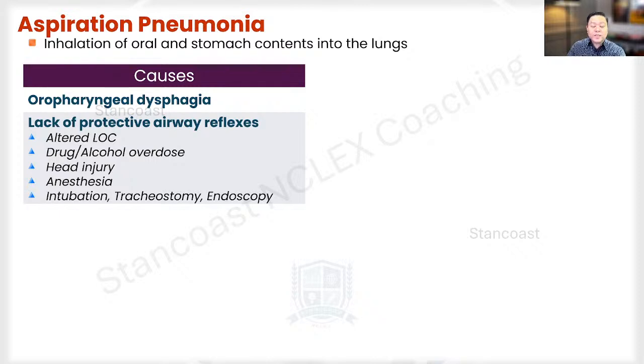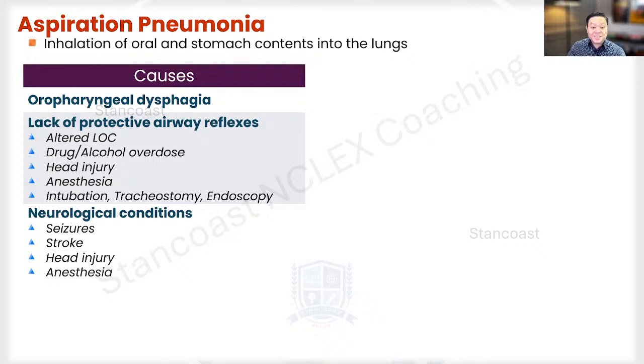Now, in some cases wherein there is a neurological condition, the following can also lead to aspiration pneumonia, such as seizures, for those people that may have had a stroke in the past, and also multiple sclerosis, for those elderly people with dementia, Parkinson's disease or myasthenia gravis.